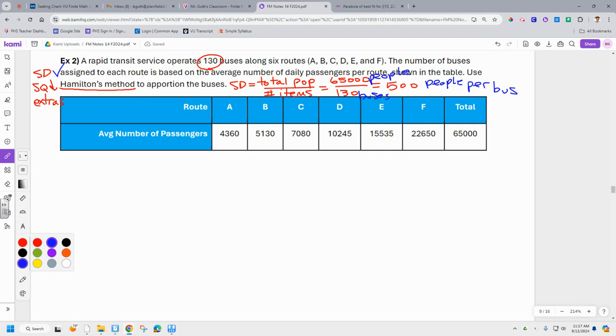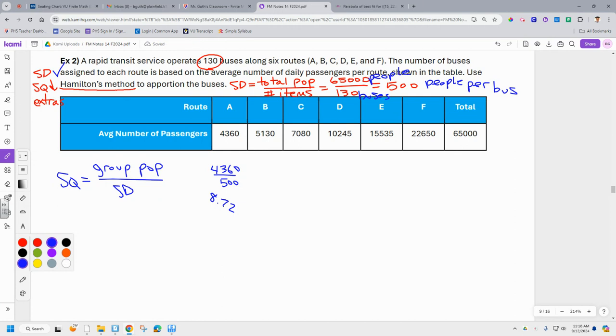Now we need to find the standard quotients and round down. The standard quotient was the group population divided by the standard divisor. The group population divided by the standard divisor. So we're going to take this number and divide by 500. 4360 divided by 500 is 8.72.